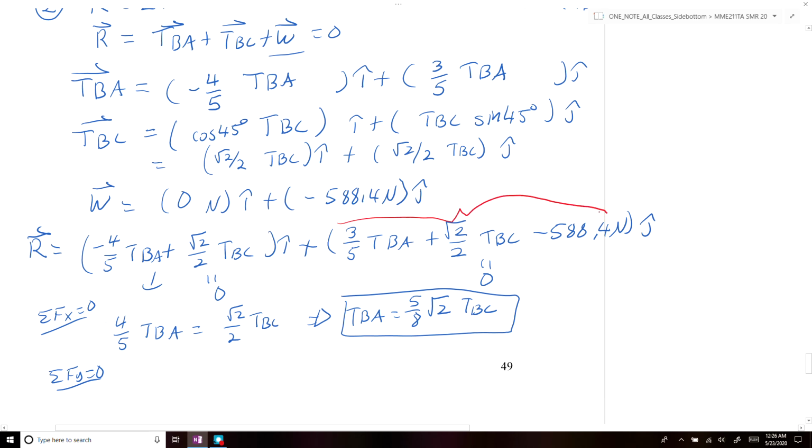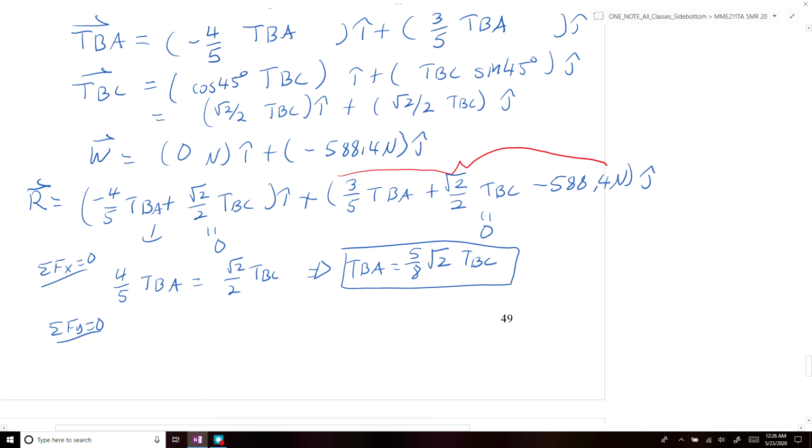If we do that, we get 3/5 times TBA, which is equal to 5 divided by 8 radical 2 TBC, plus radical 2 over 2 TBC, minus 588.4 newtons, which is going to be equal to 0.